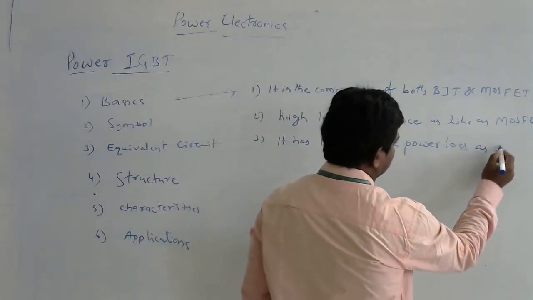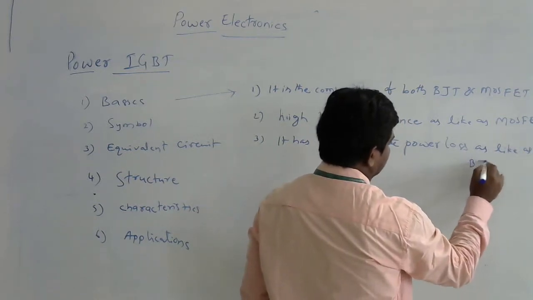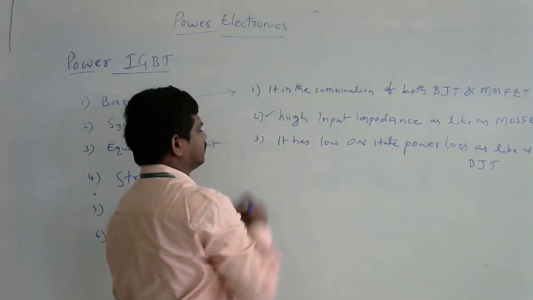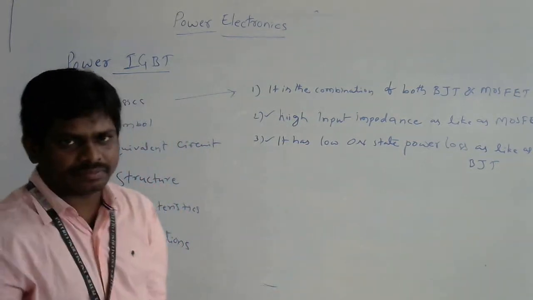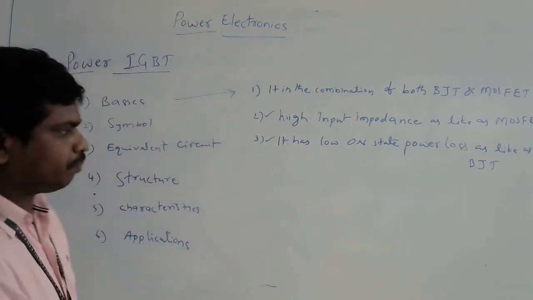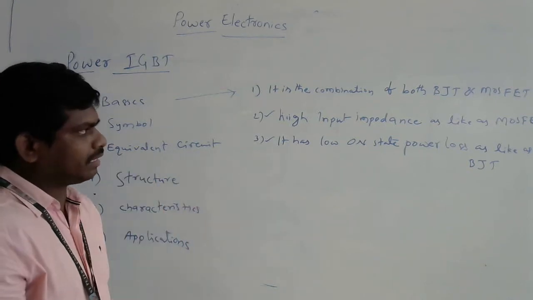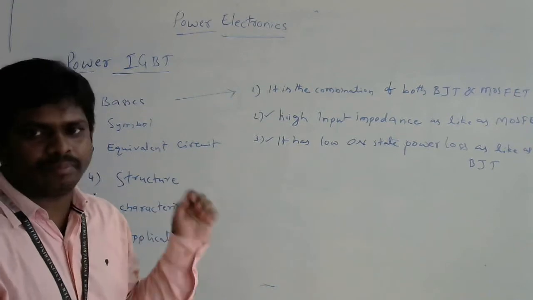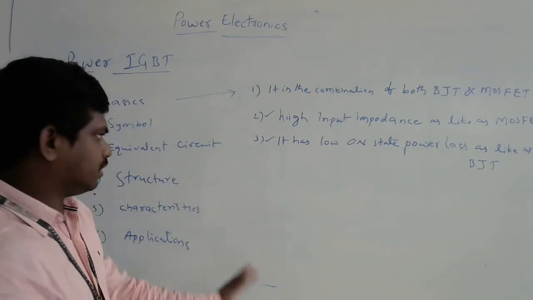It means I am taking one advantage of MOSFET and one advantage of BJT, and with that I design a device called power IGBT. With that, we can go for different applications where we couldn't use MOSFET alone or BJT alone. In those particular applications, we can use our IGBT.